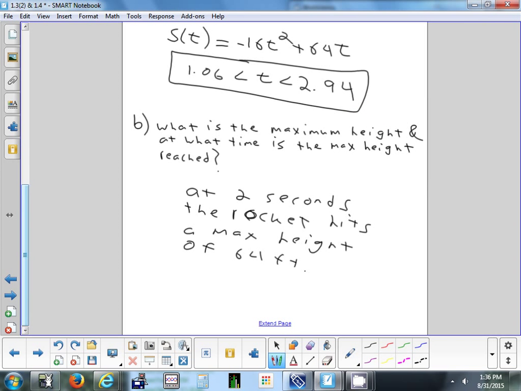Okay, so that's how you can use second calc maximum, okay, to find a max. I think we used it the other day maybe to find a minimum. I'm not sure.